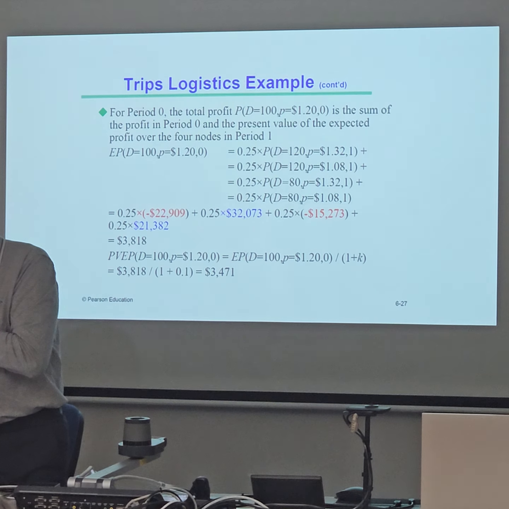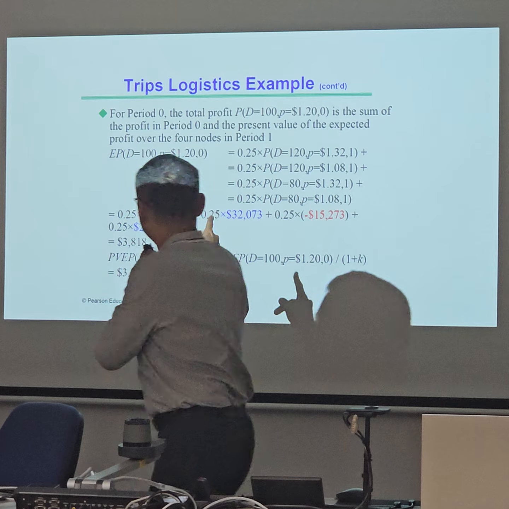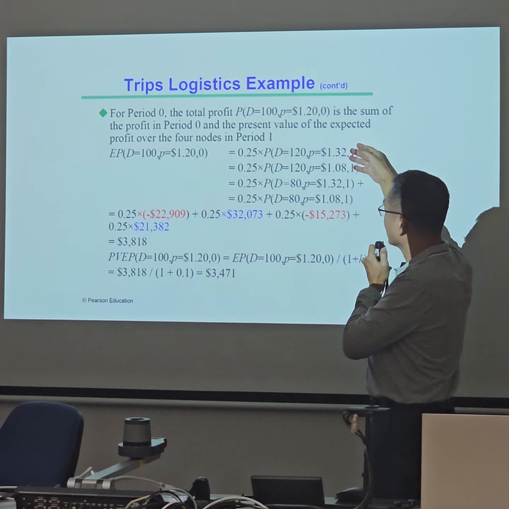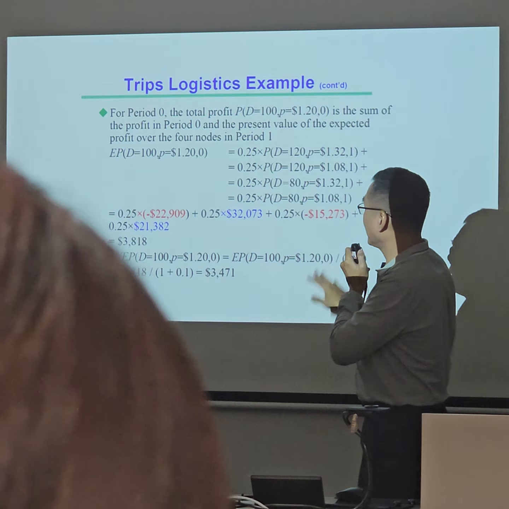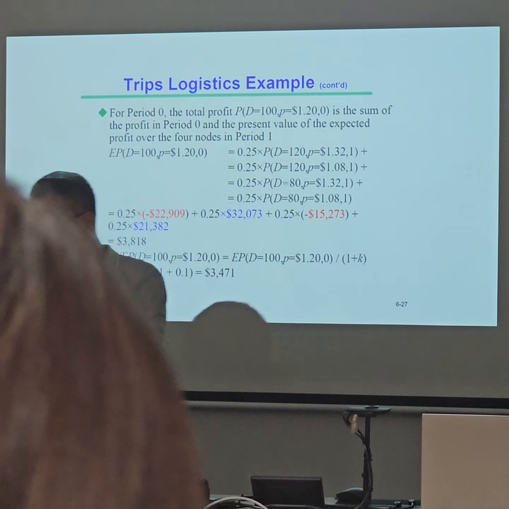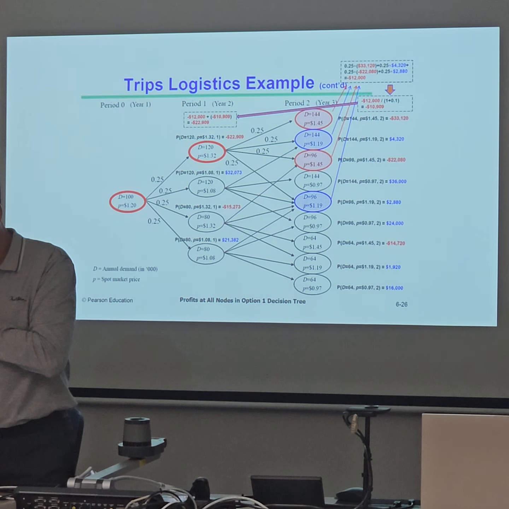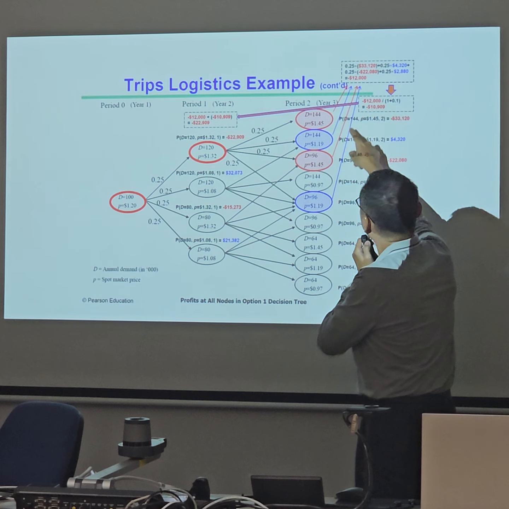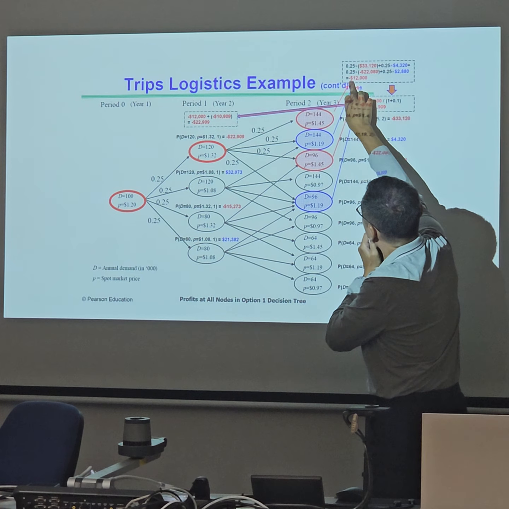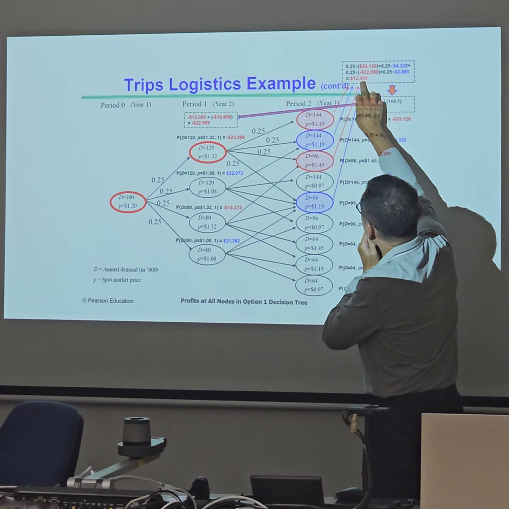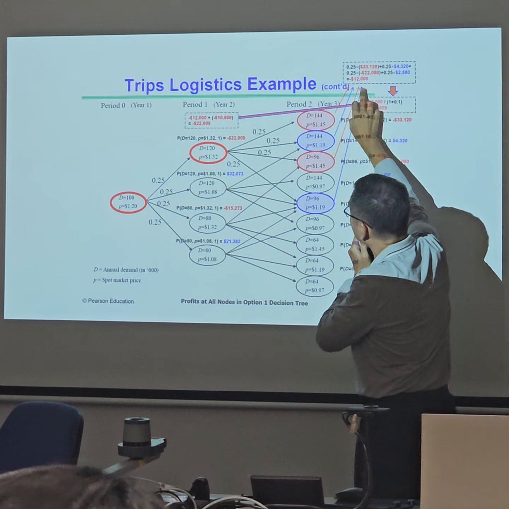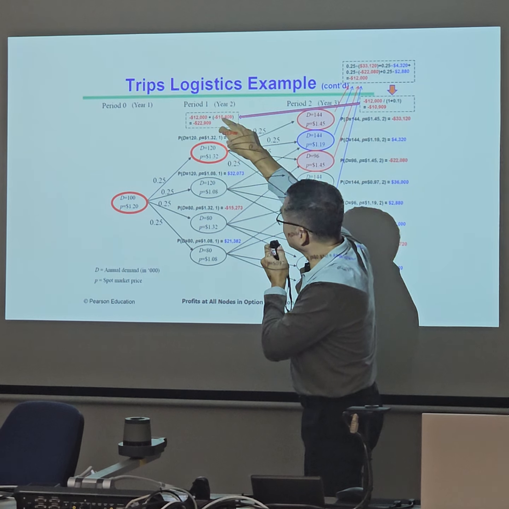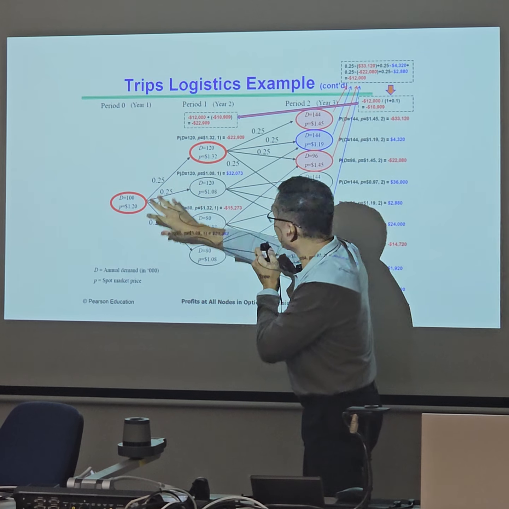Can you see? It calculated the expected value, right? Then it discounts back. You see the lecture notes, 1, 2, 3, it calculates the expected value, minus 12,000, then it discounts back here, then from here it discounts back further.